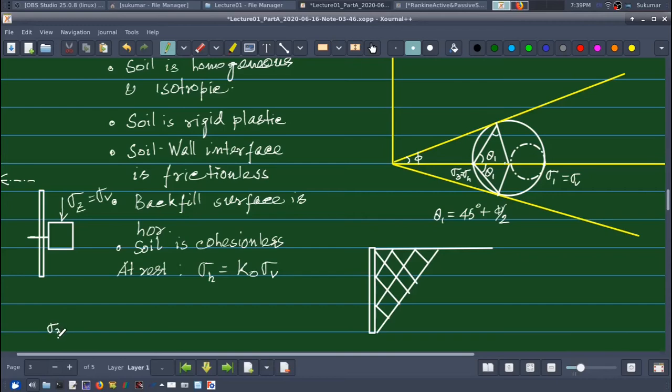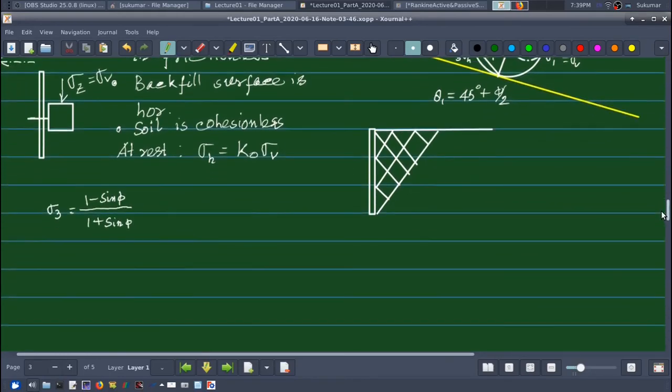It was sigma 3 equal to (1 minus sine phi) by (1 plus sine phi) into sigma 1, minus twice C into root over of (1 minus sine phi) by (1 plus sine phi). Let me raise this page a little bit.